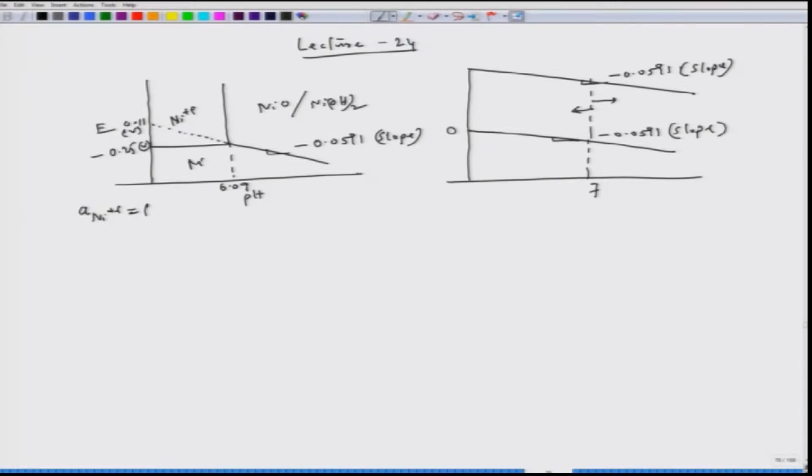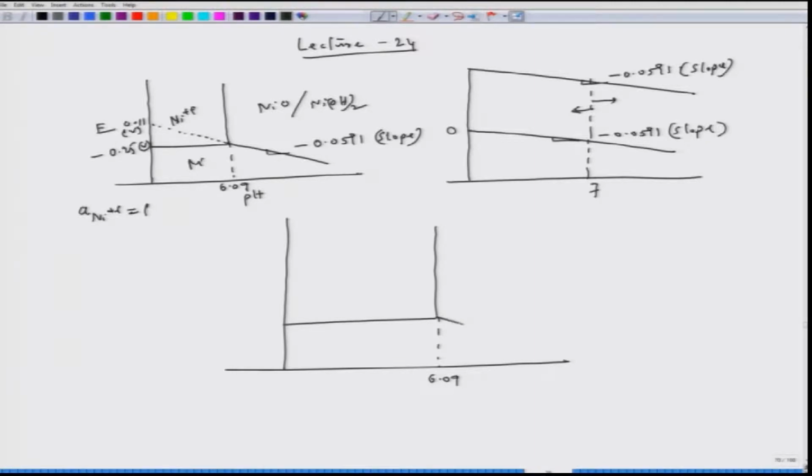And then if we club them, let me draw the water lines. This is 0, let us say this is 0.